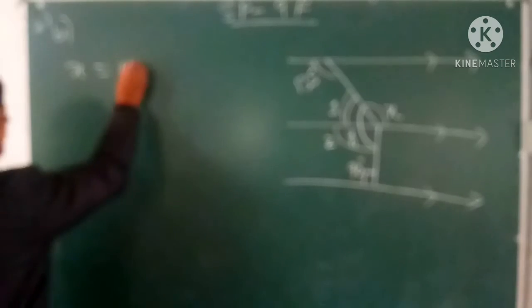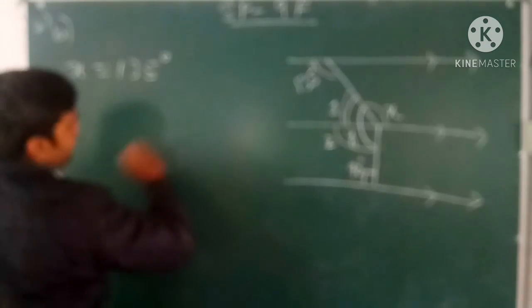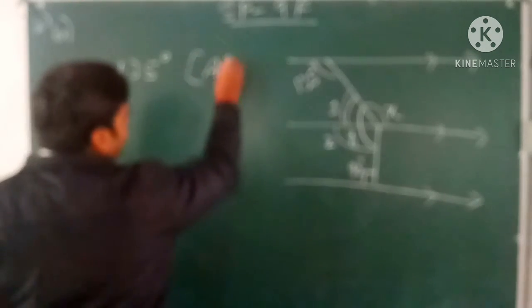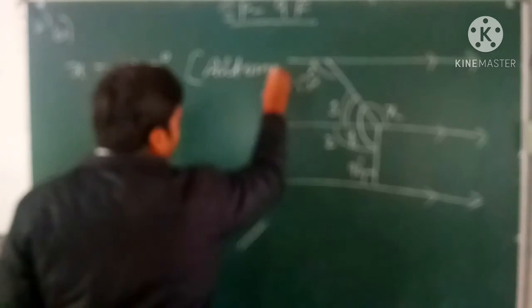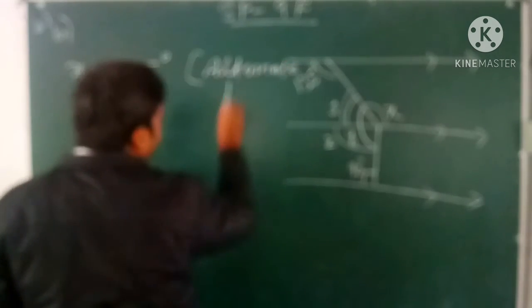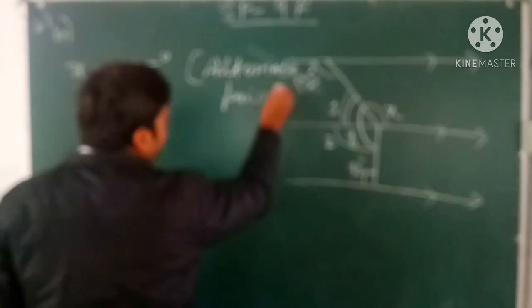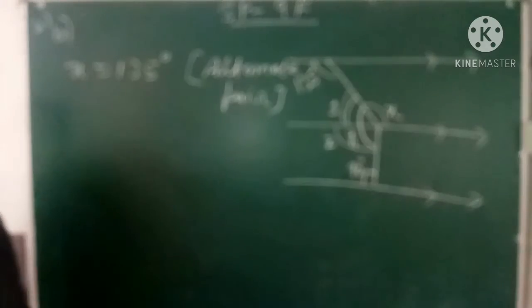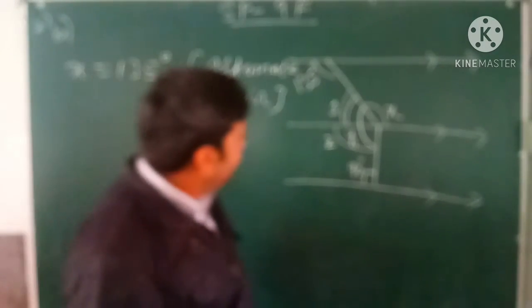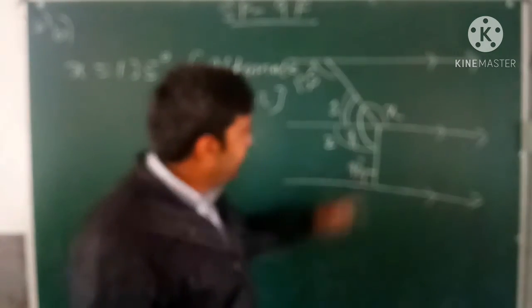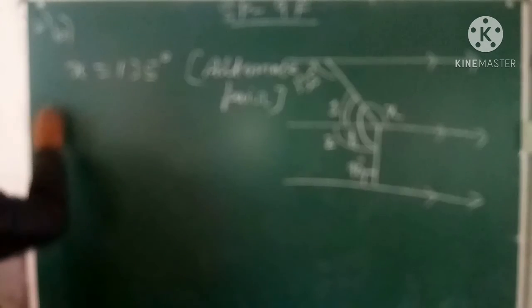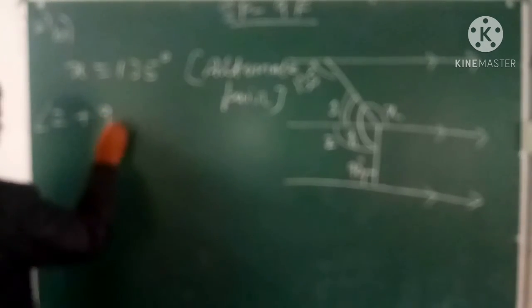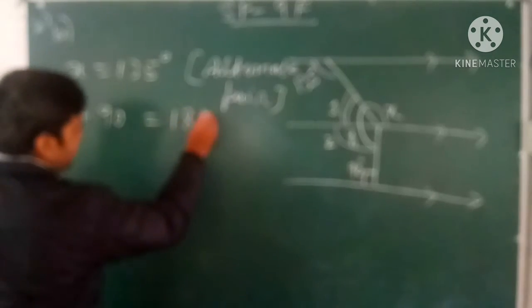So these lines are parallel, so angle x is equal to 135 degrees. Reason: alternate angles. Alternate pairs are equal, so x will become 135. Now y plus 90 is the co-interior, so angle 2 plus 90 degrees is equal to 180 degrees.